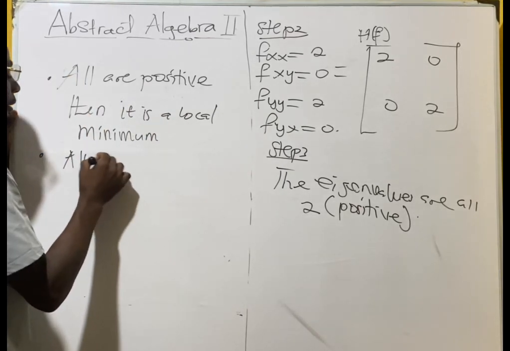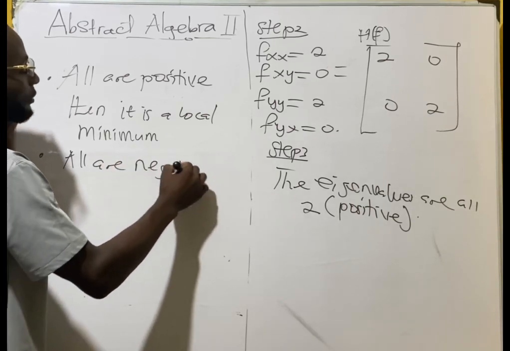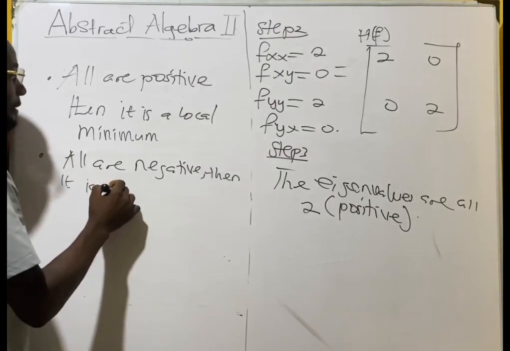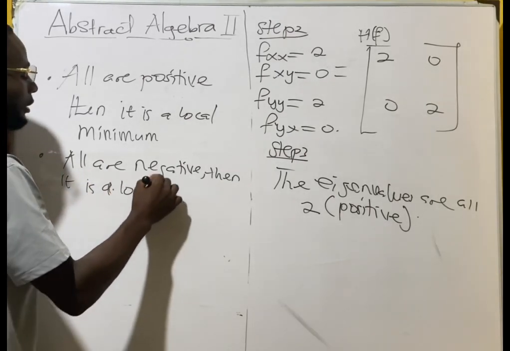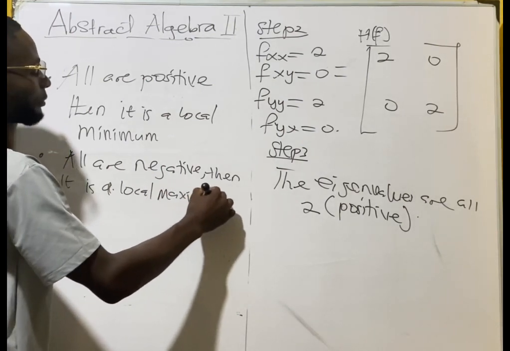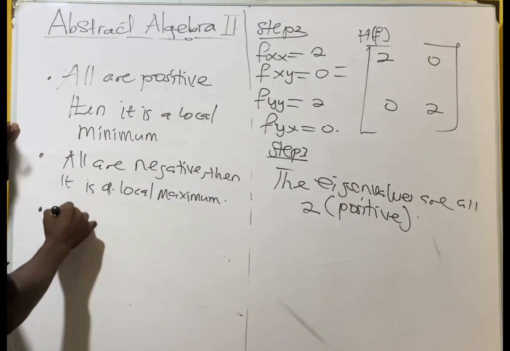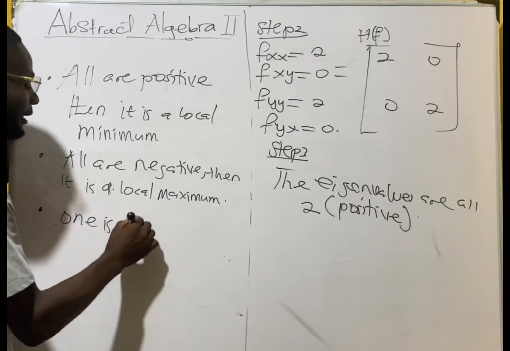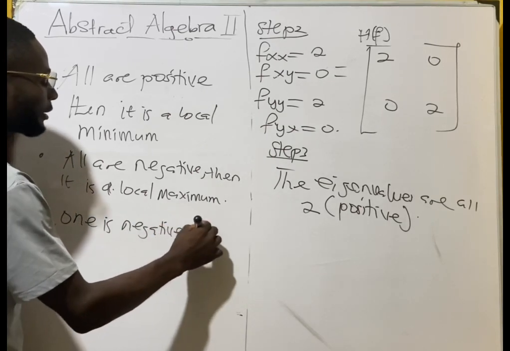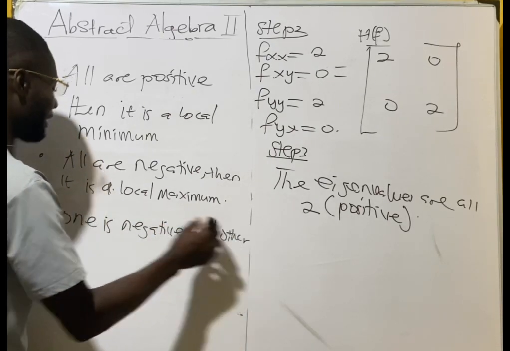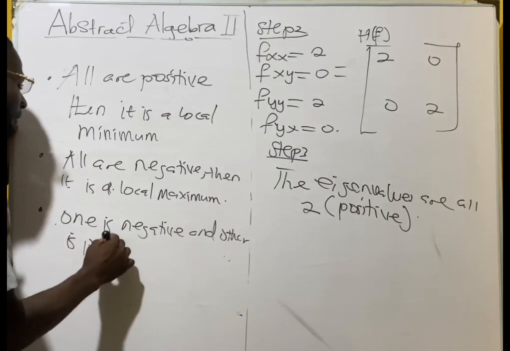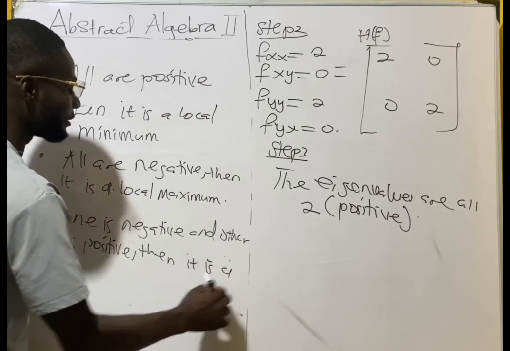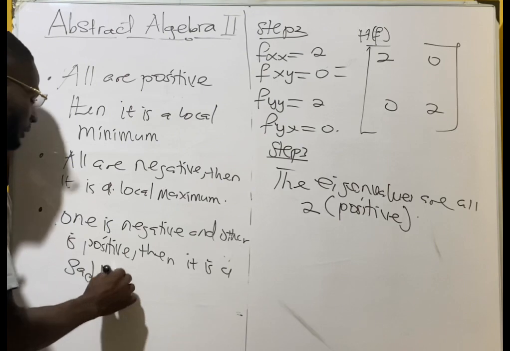If all are negative, then it is a local maxima. And if one is negative and the other is positive, then it is what? A saddle point.